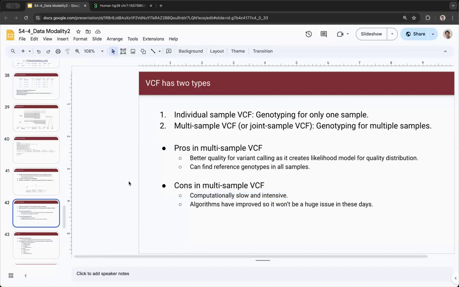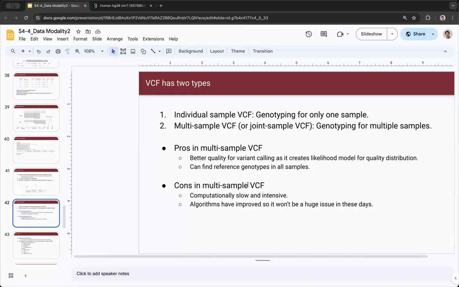One example: six years ago, when creating a multi-sample VCF for 10,000 people, even with a super high computing system, it took at least 6 months to make that VCF, because it's about 10 terabytes of files in compressed form. But these days, algorithms develop so fast.